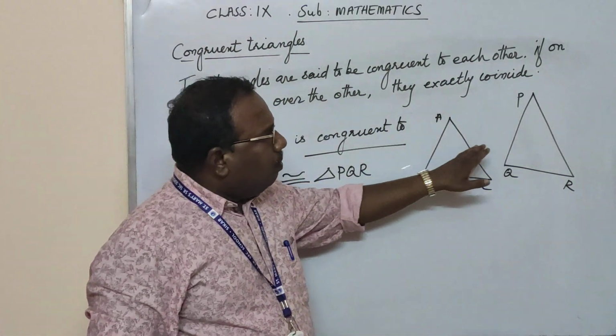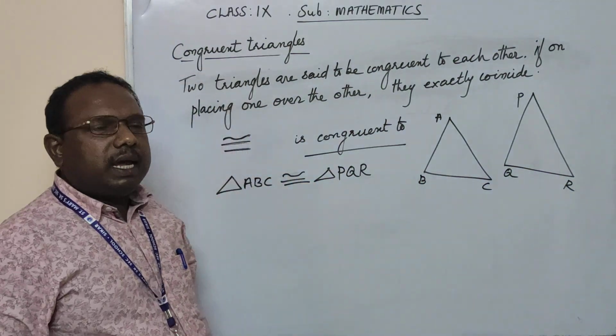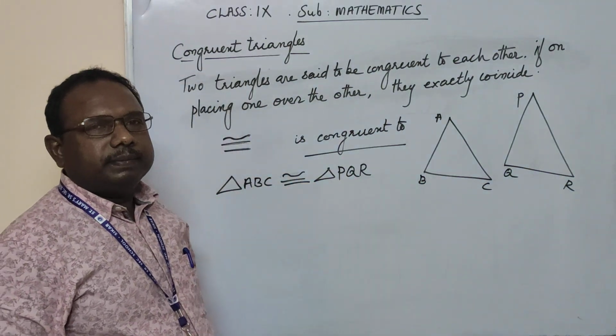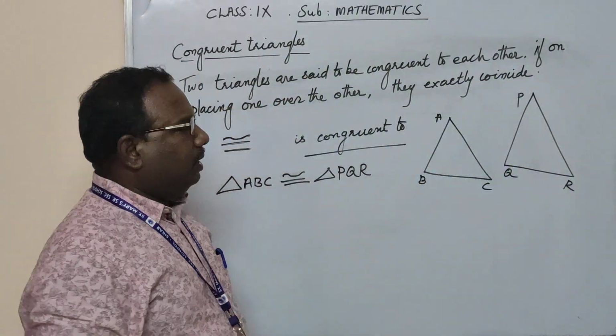If both these triangles are congruent, their corresponding sides are also congruent and corresponding angles are also congruent.